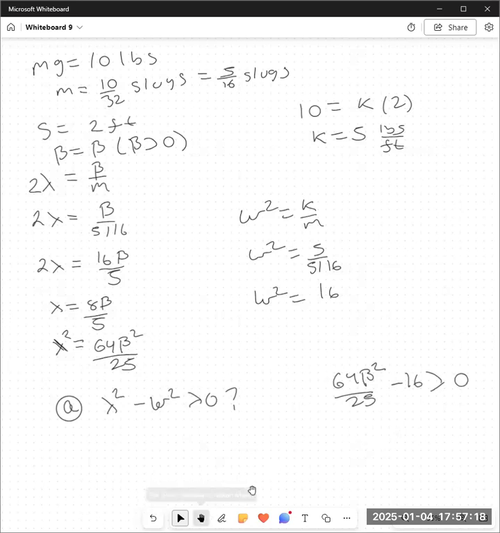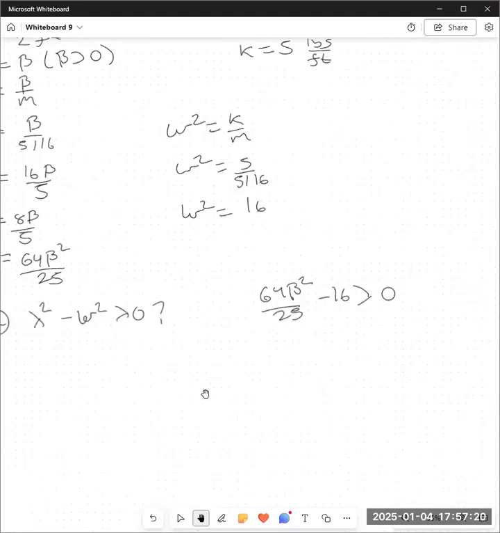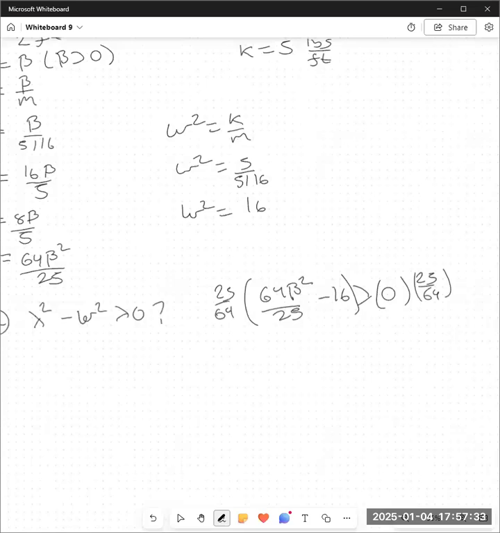And I'm just going to multiply everything here by 25 over 64, to make this beta squared minus 25 over 4 greater than 0.